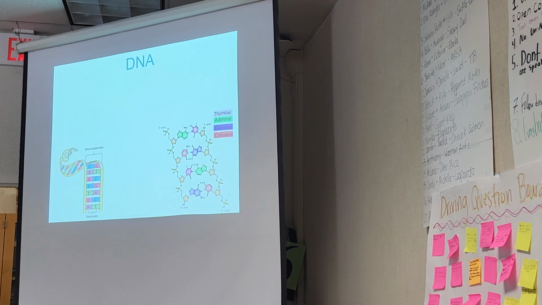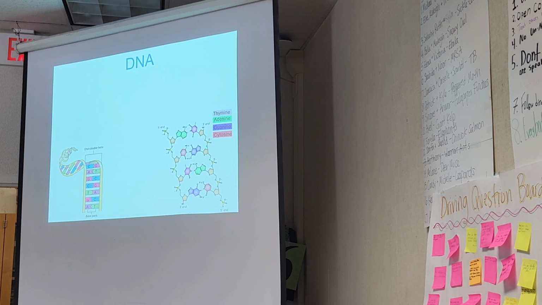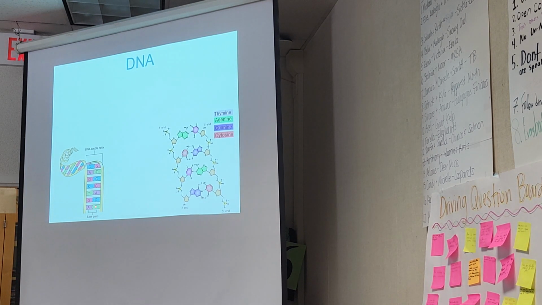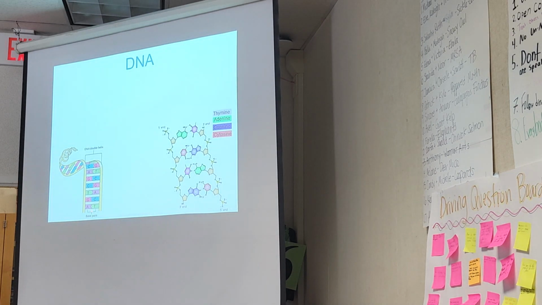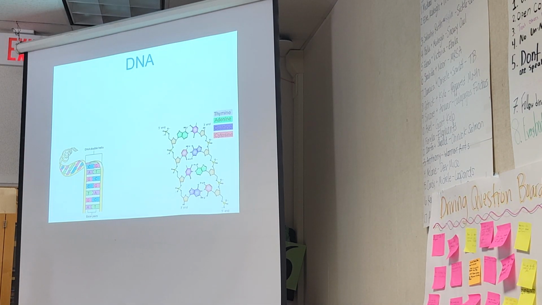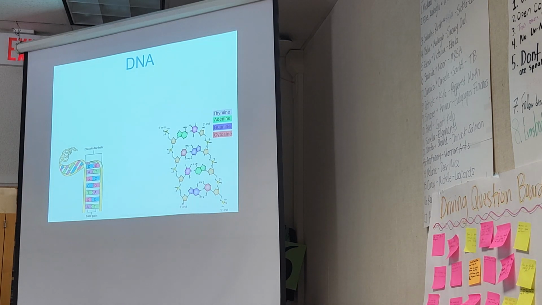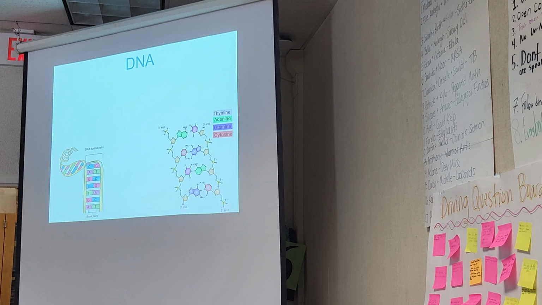All right, DNA. So we have our double stranded DNA. On the other side of A is always T, and the other side of G is always C. It's just that simple. There was a scientist, Chargaff.